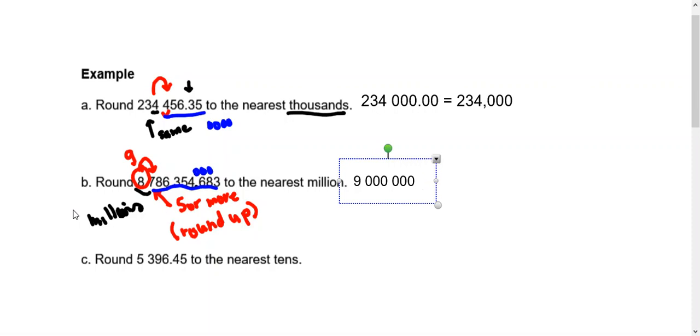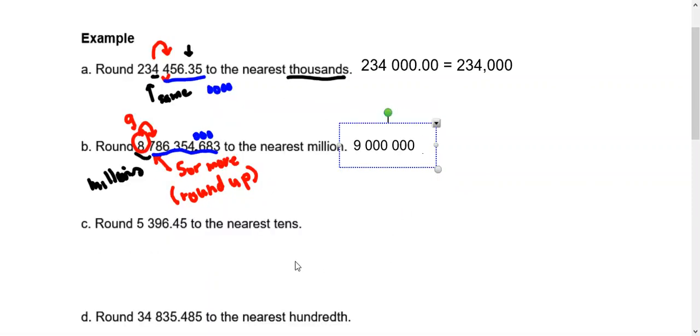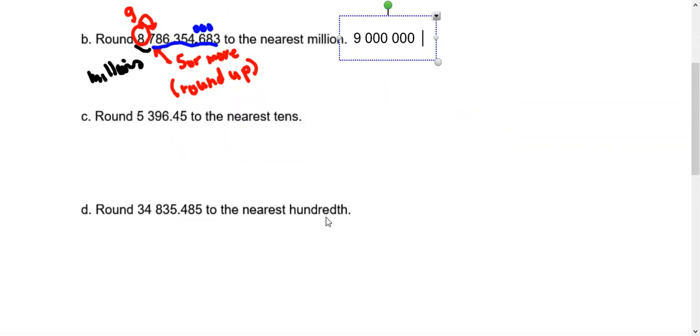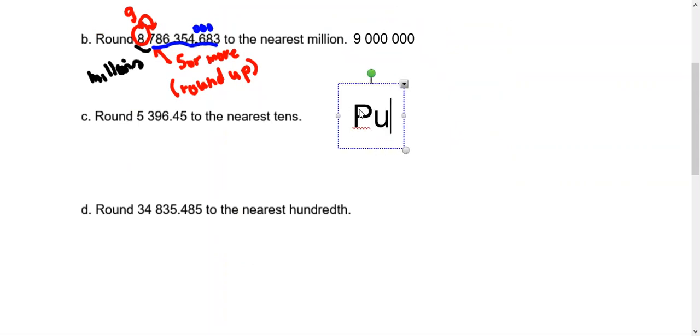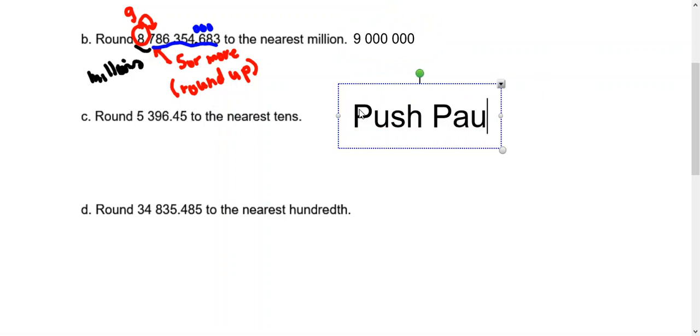So all those steps are important to understand. What I want to do is push pause now. So you can push pause, and I want you to try these two and then come back to see what your thinking looks like on your page.